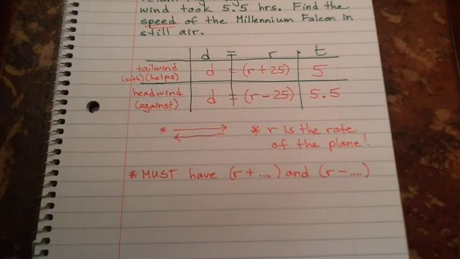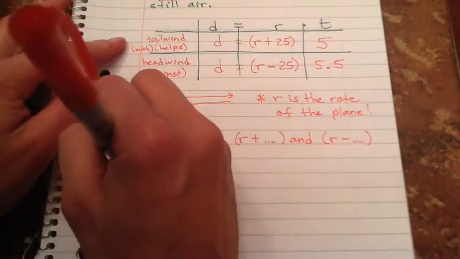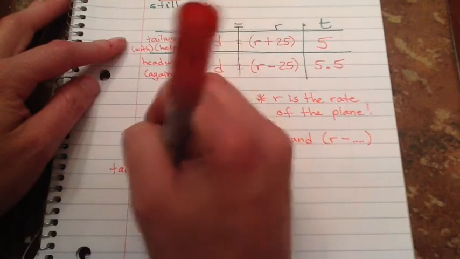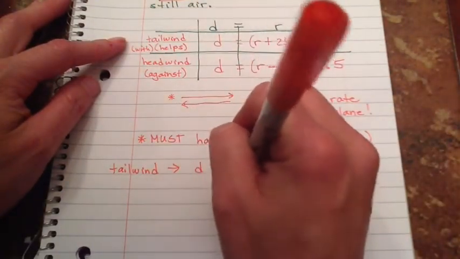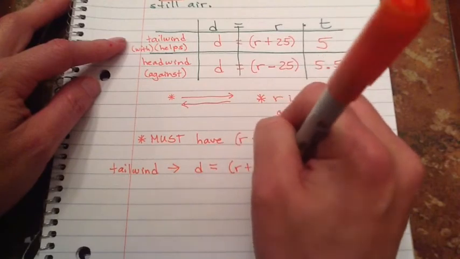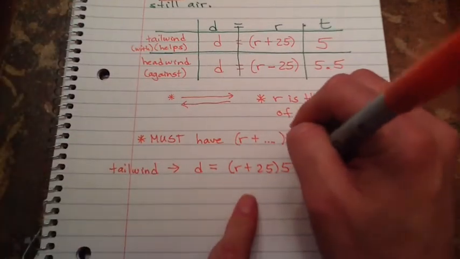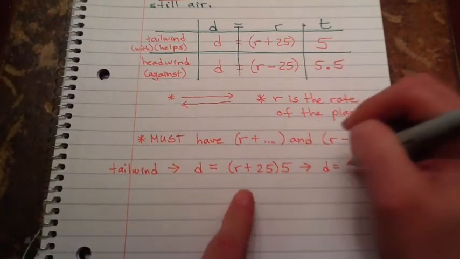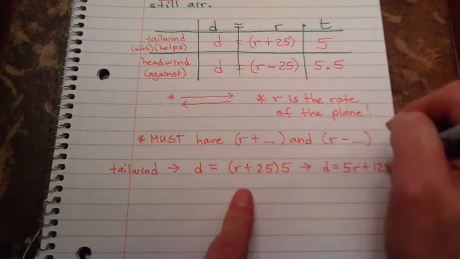Now let's go ahead and solve this. So your tailwind ends up being distance equals rate plus 25 times 5. And once you distribute that, you end up with distance equals 5r plus 125.